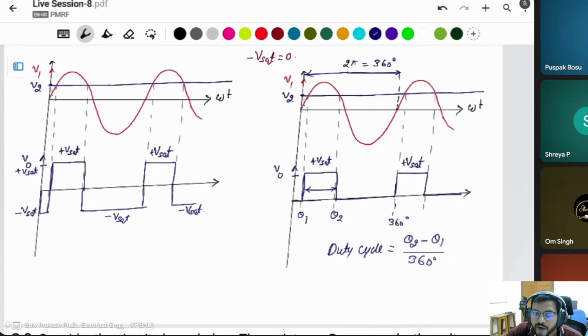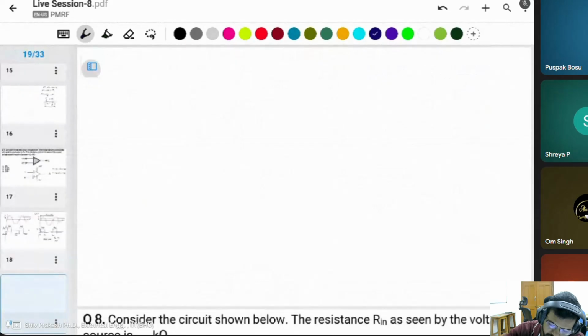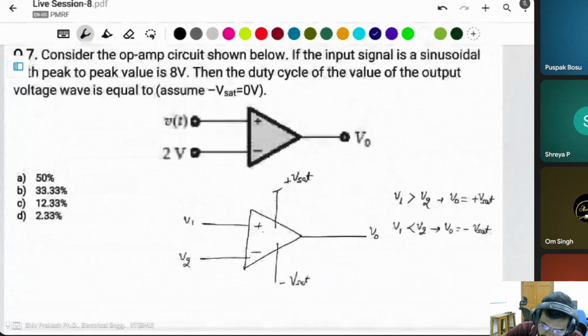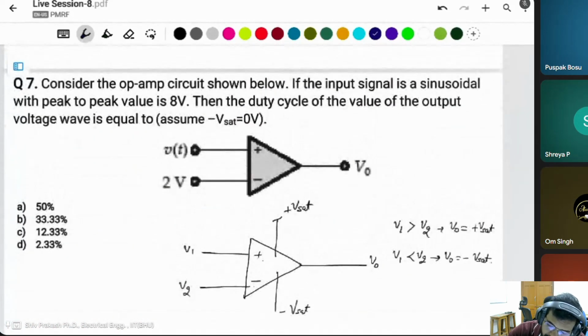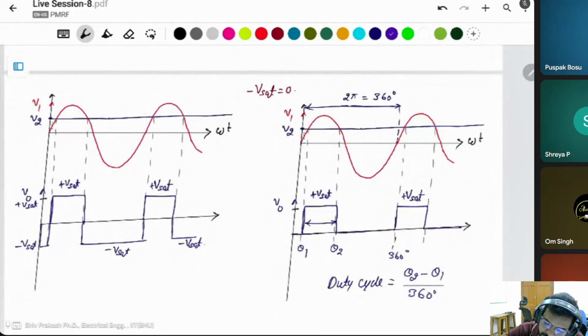Then you have to find theta 1 and theta 2. What are theta 1 and theta 2? How can you find them? It is given that the sinusoidal peak to peak is 8 volt. It means from here to here is 8 volt, as given in the question.